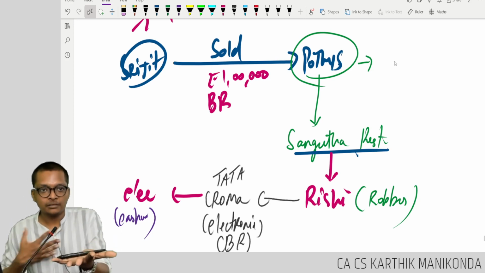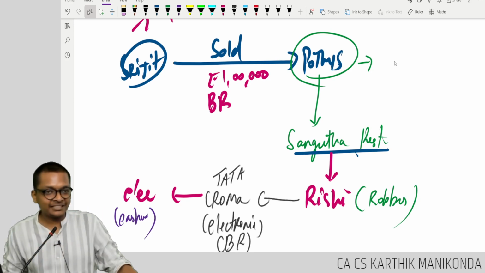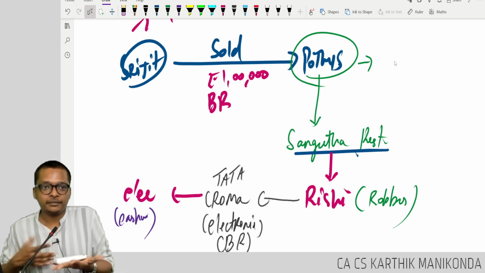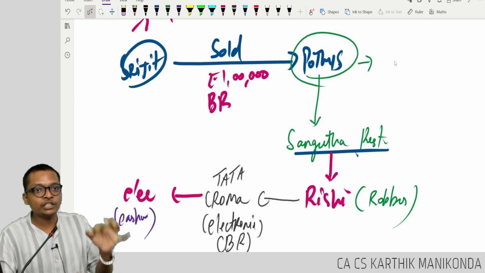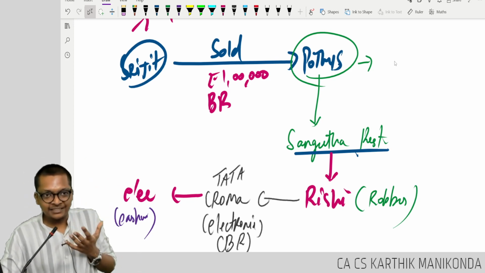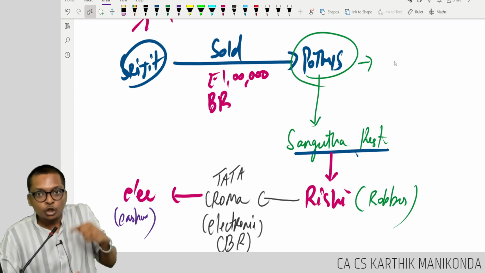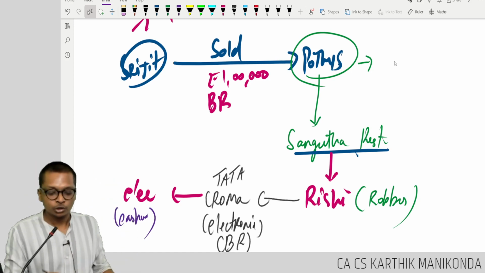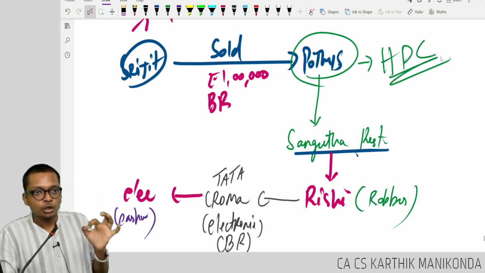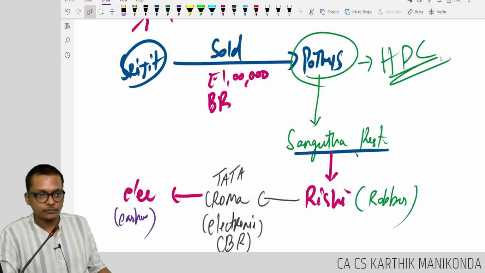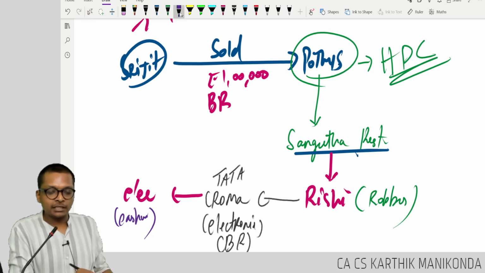Who's holding this pen? Me. I'm the holder. If this is a check, who is the holder of this check? Me. Who is having the possession of the check? Now Pothis has the possession of the check in due course of business. So he is called HDC, holder in due course.